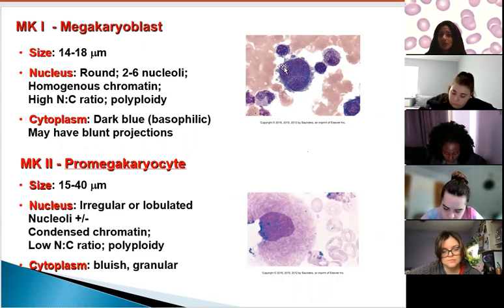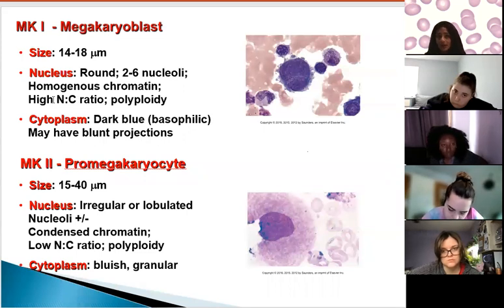NC ratio stands for nuclear to cytoplasm ratio. The nucleus to cytoplasm ratio is high, which means that the nucleus is big in relation to the cytoplasm. That's what NC means. So it has a high NC ratio and it's polyploid. That means that it has many multiple chromosomes present.